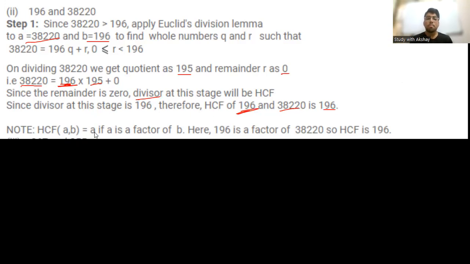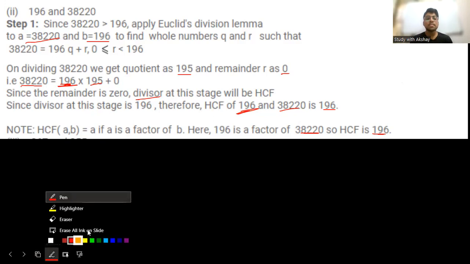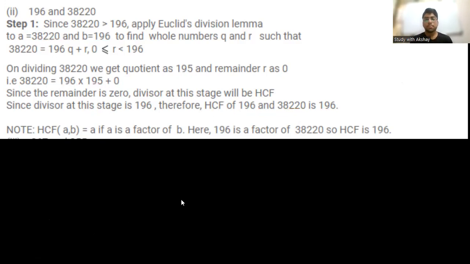HCF of A comma B: if A is a factor of B, and here 196 is a factor of 38220, so HCF is 196. It should be exactly a factor of that number. Then only we can consider it as the HCF. Copy it down.